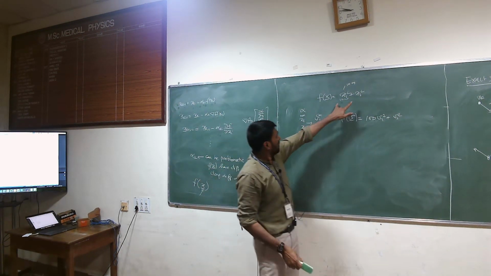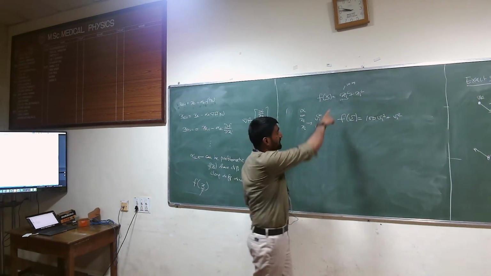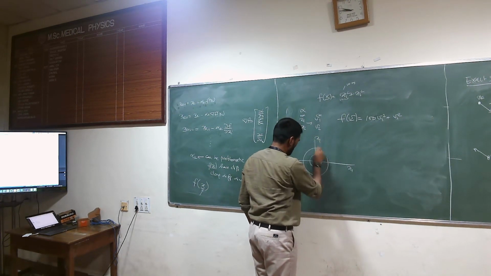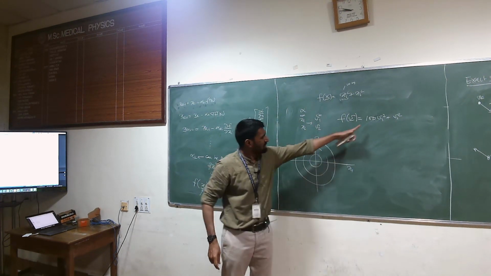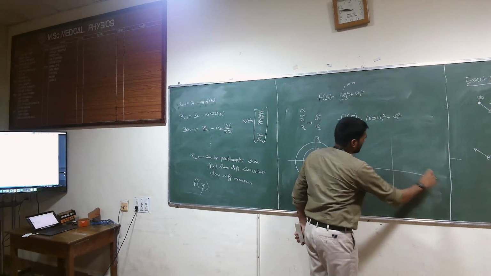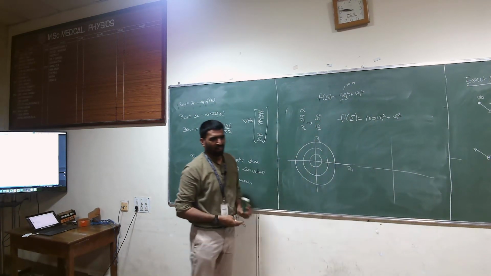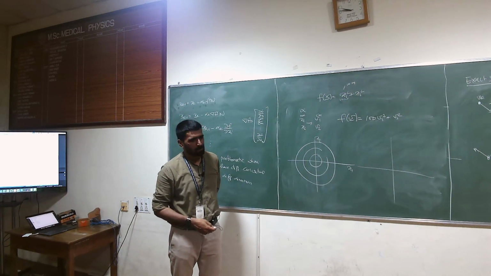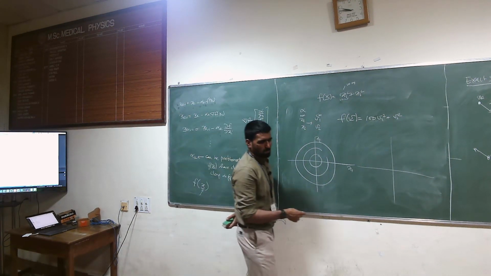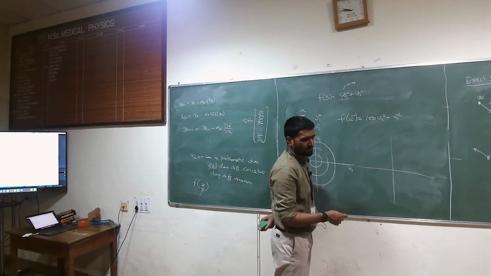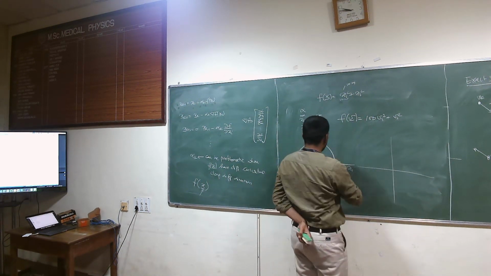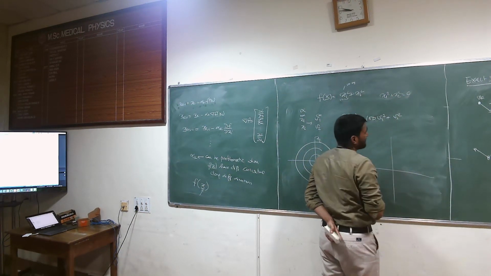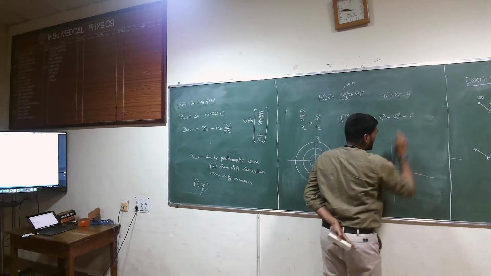What looked like a circle before, now if you plot the contours along x1, x2, they will all be circles. What about the contours for these? Well, any contour is x1 square plus x2 square equals c.